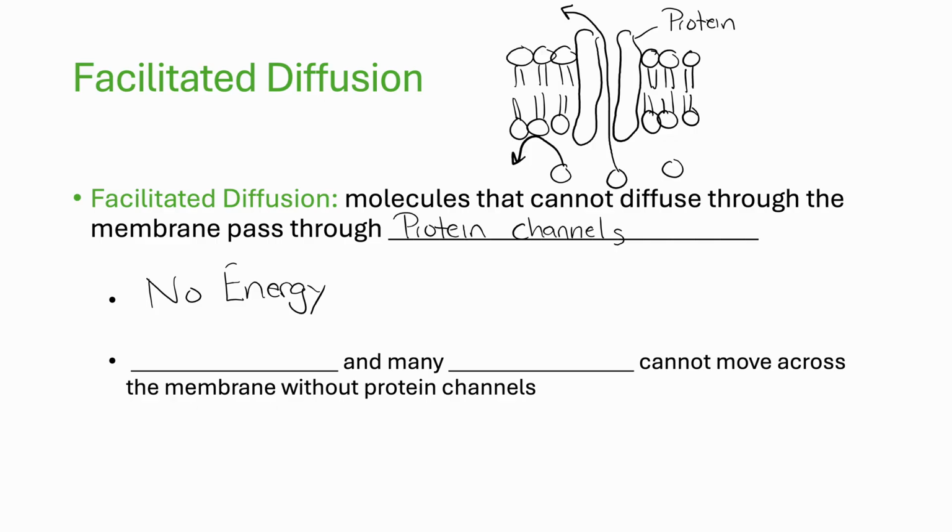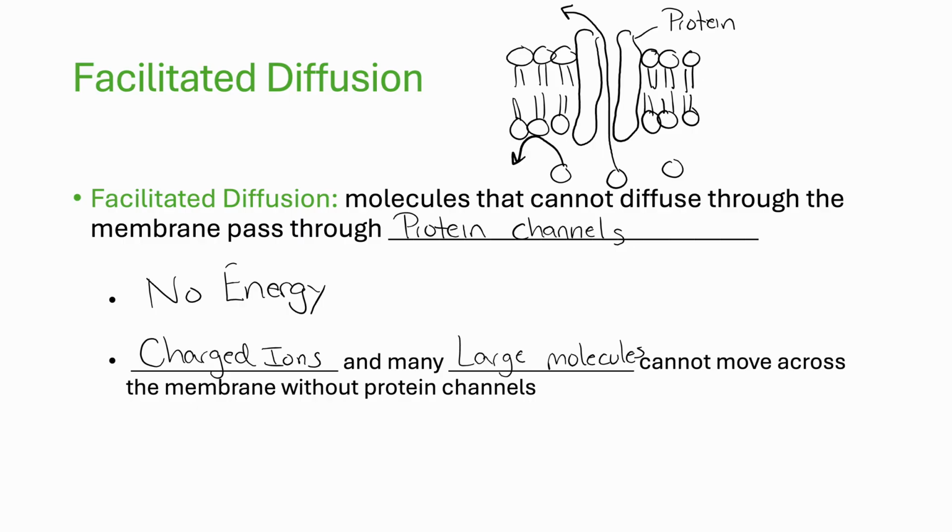These are molecules that can't pass through the membrane because they are either charged ions that are not going to pass the cell membrane, as well as large molecules that are too big to simply pass through. Remember, our lipid bilayer is a non-polar condition. So if there is a charge, they're going to repel that, or they're not going to be able to dissolve in that particular type of solution.